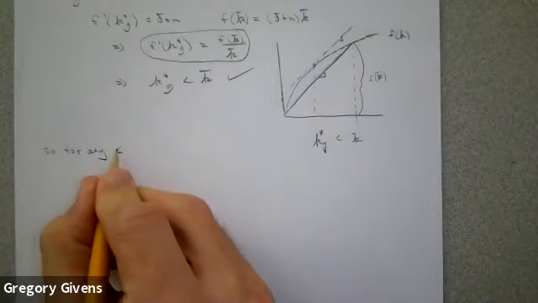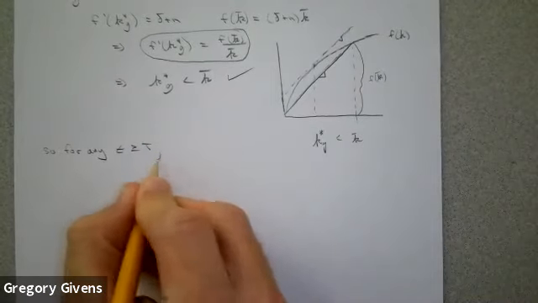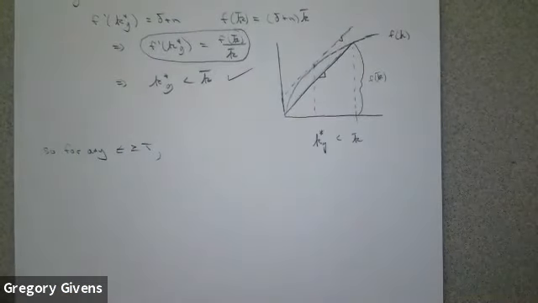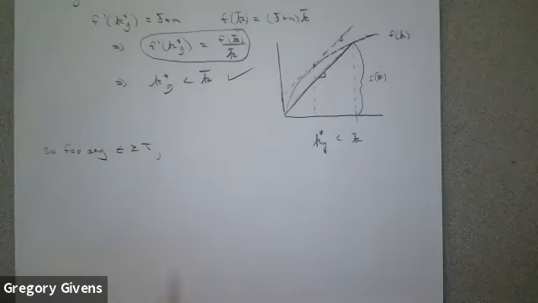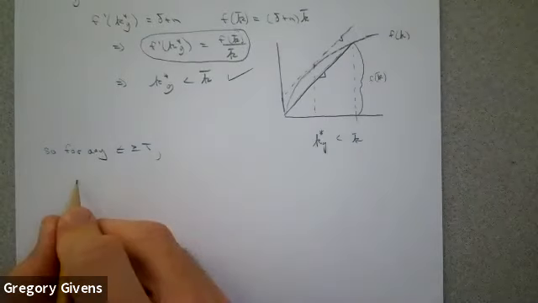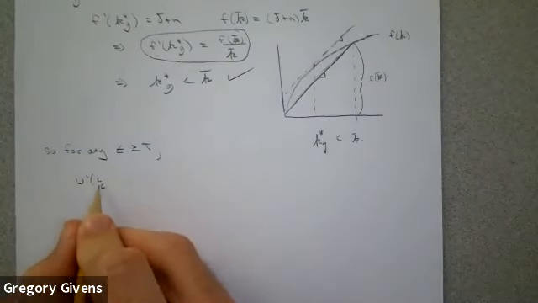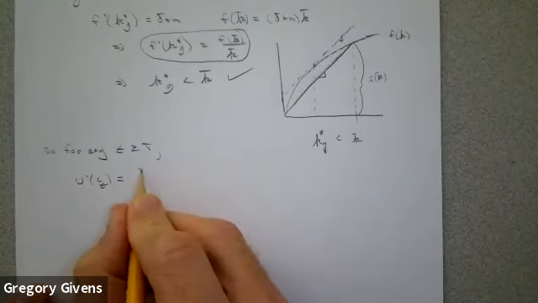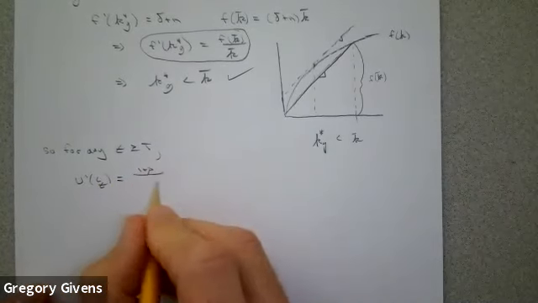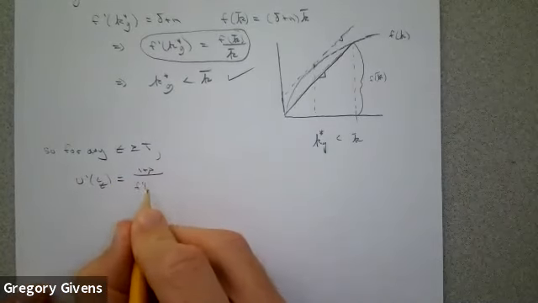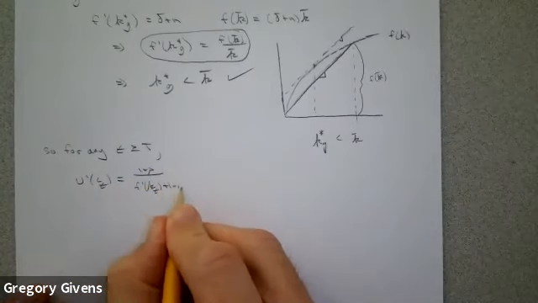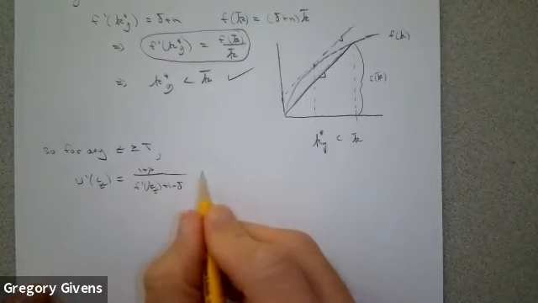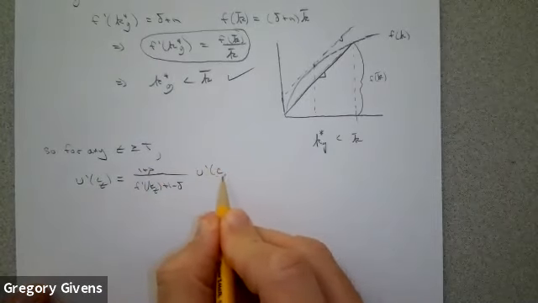So for any t bigger than or equal to cap T, remember we're out at a point in time at which the capital stock is bigger than the golden rule, then u prime of c_t is equal to (1 plus rho) over (f prime of k_t plus 1 minus delta) times u prime of c_{t+1}.